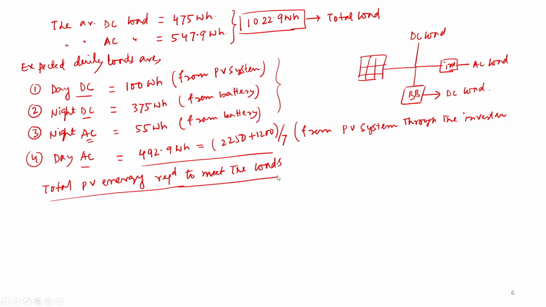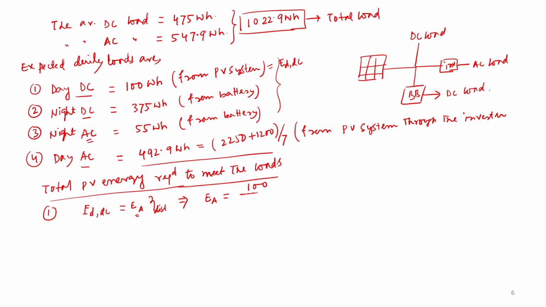Number 1 is E d DC, which equals E A times distribution efficiency. From here we can calculate E A for case 1. This part we have already calculated, this is E d DC, so we can calculate E A for the DC load.